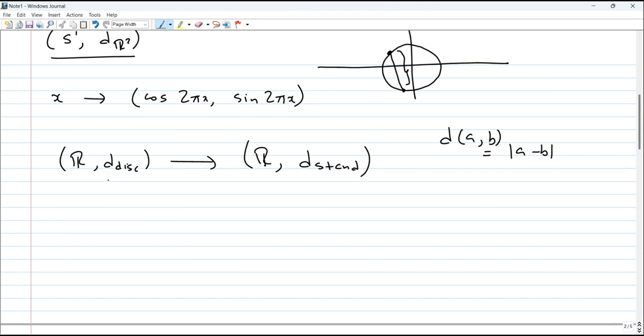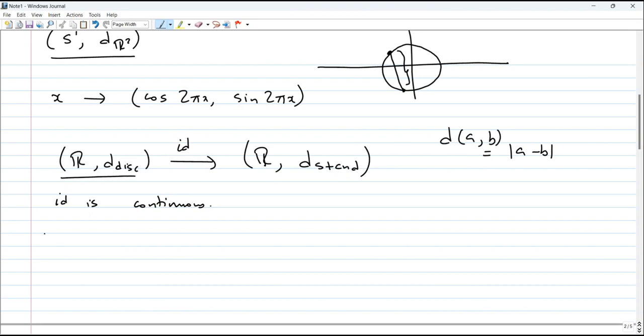Now we know any function from a discrete metric space to any other metric space is continuous. So in particular, if you choose the identity function at the level of sets, where 1 goes to 1, 2 goes to 2, pi goes to pi, and root 3 goes to root 3, it is going to be continuous, because it goes from a discrete metric space to another metric space.